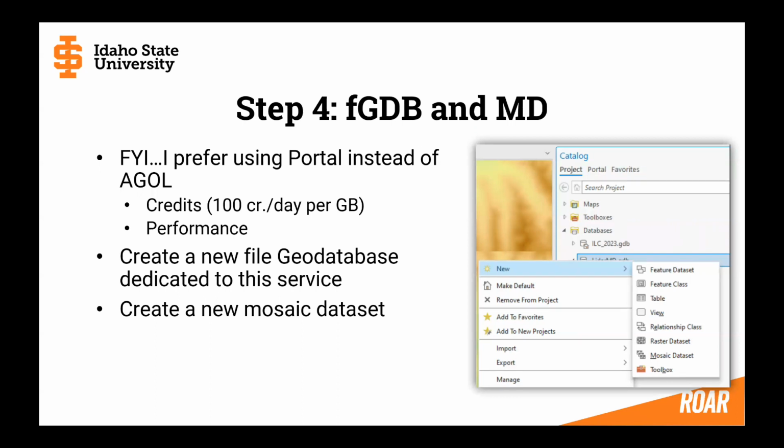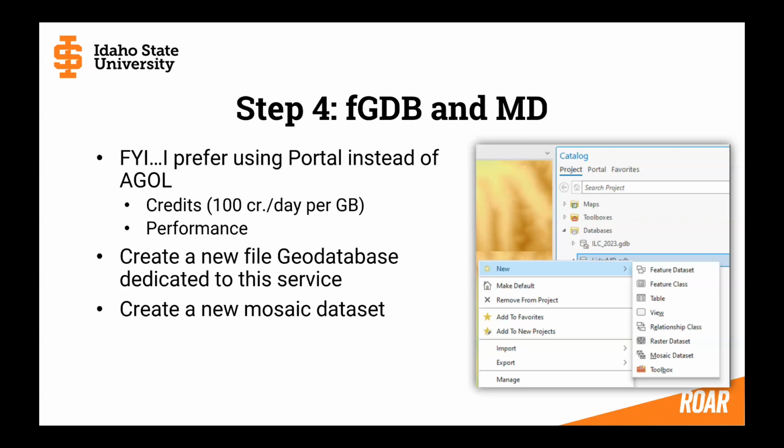I did a little bit of experimentation, I believe it was last week, and when we serve our imagery with our image service license to ArcGIS Online, we are consuming 100 credits per day per gigabyte of data that's being pushed out there. You may think, well, gigabyte, that's a lot of data. Well, maybe not so much when we're talking about raster data. So a little bit of FYI for you there.